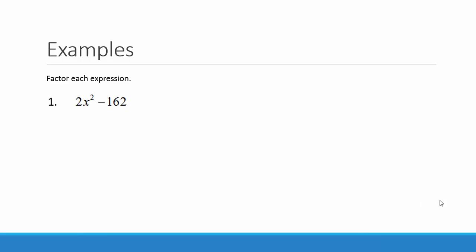Example 1. Let's look at these two terms. Notice there is a greatest common factor of 2 in both of the terms. So what we will do is factor the 2 out. We'll put the 2 outside of the parentheses, and we'll write the terms inside of the parentheses, dividing them by the greatest common factor, which is 2.